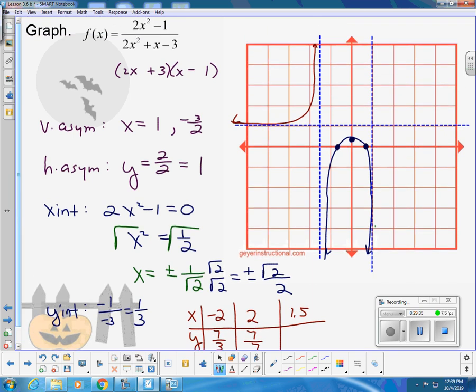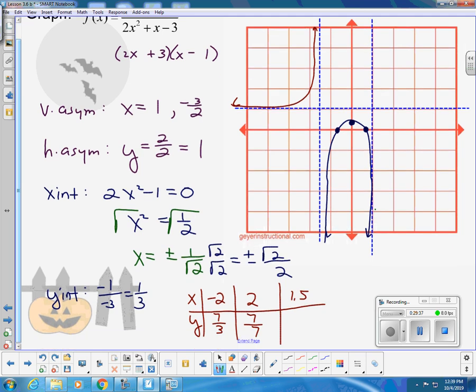The top is 3.5... .5 over 3, which is bigger than 1. So we're above. Does that make sense?